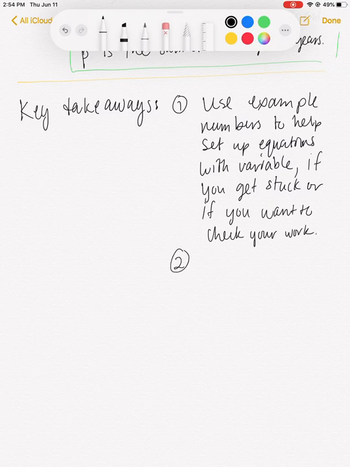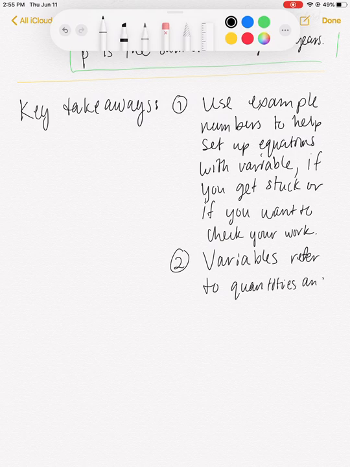Number 2, variables refer to quantities and not objects. For example, B equals number of books, and not just books.